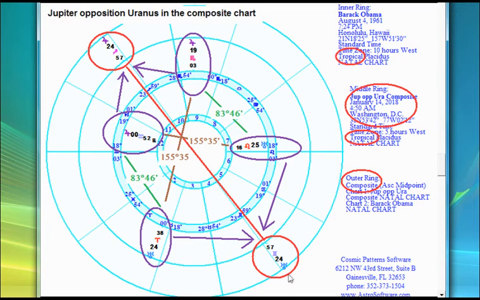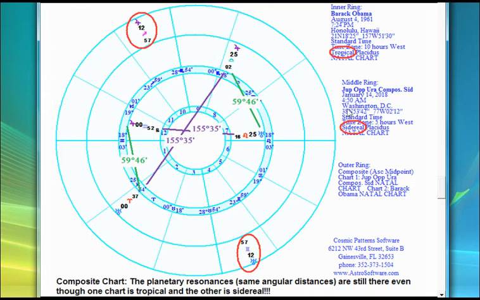So there are these beautiful geometric things going on that create these symmetrical patterns and these huge resonances, and I think they haven't been talked about a lot. And I think it's interesting. Also, I'll show you in the next slide, I did the same thing where I've got the natal tropical, and I made the transit sidereal, which probably doesn't make any sense, but just to show you, you can do any kind of wacky thing you want, and the angular distances are still the same.